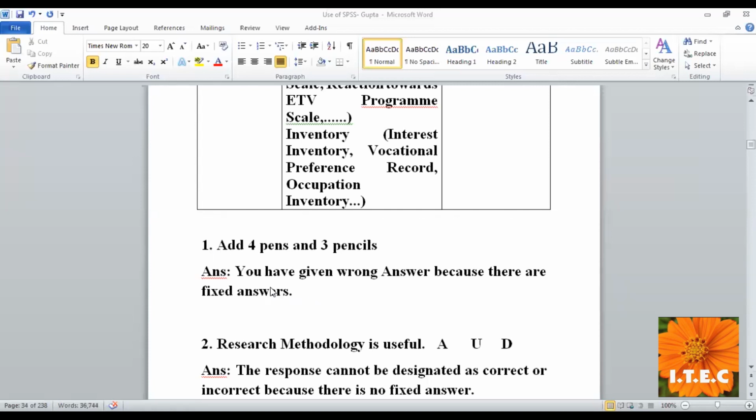Now I can give you the answer. Suppose I ask you a question, add ₹1 and $1. What is the answer? What is the answer? Add ₹1 and $1.